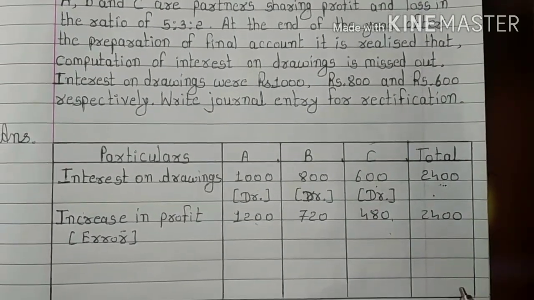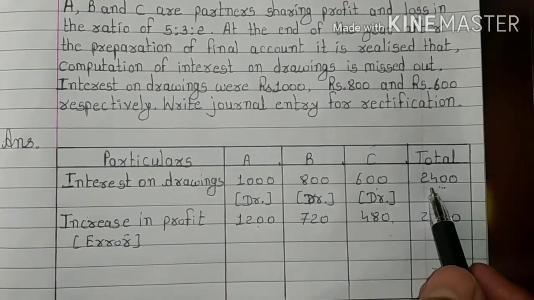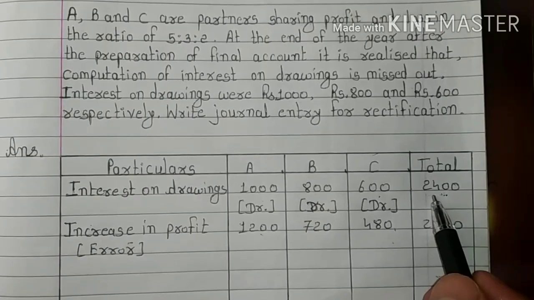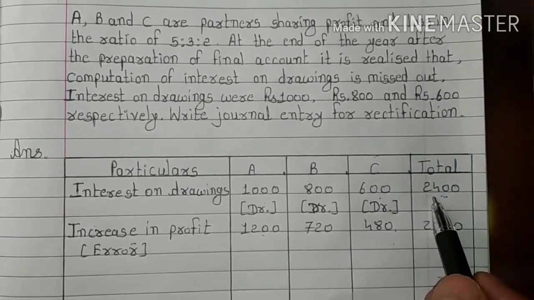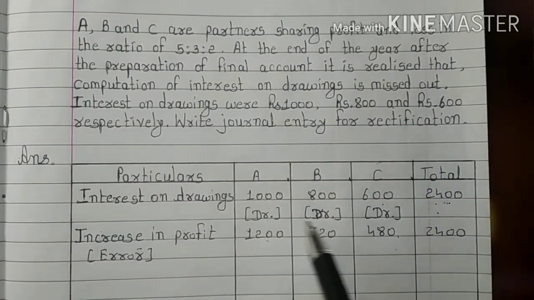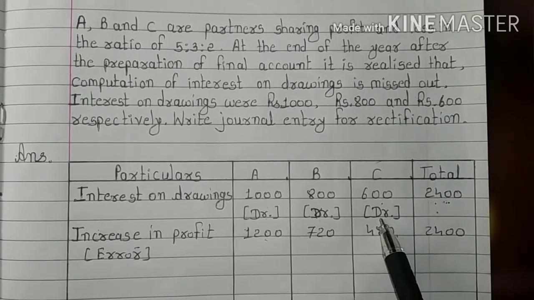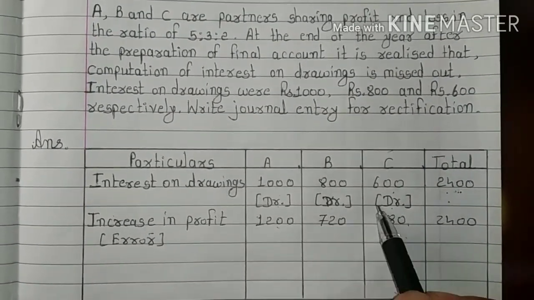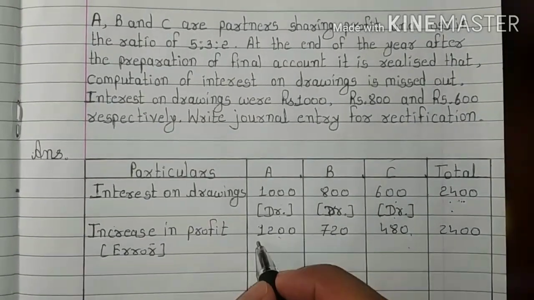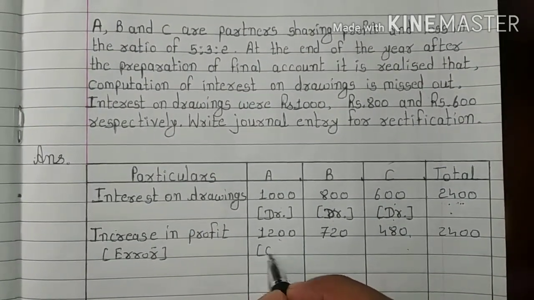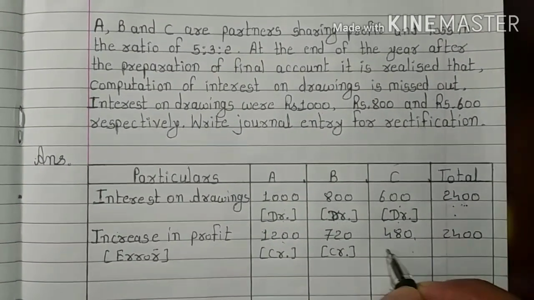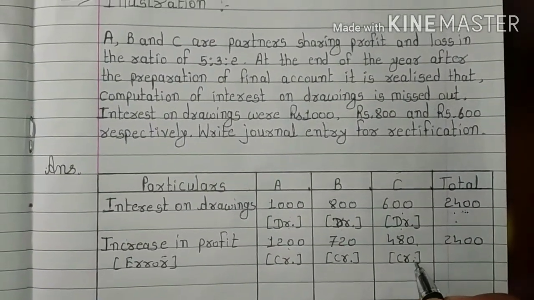Students, distribution of the amount according to profit and loss sharing ratio is already taught. So I am not going to repeat here. Okay, now here we have written the sign for the word debit, DR. Opposite to it, here we will write credit. That means sign for the word credit, CR.